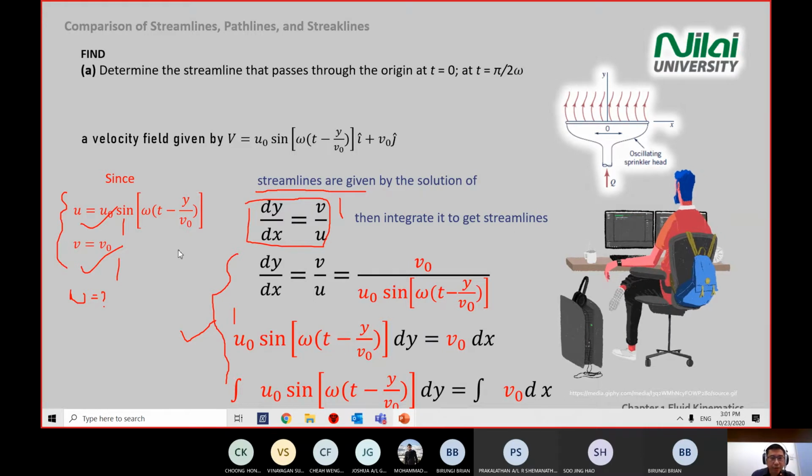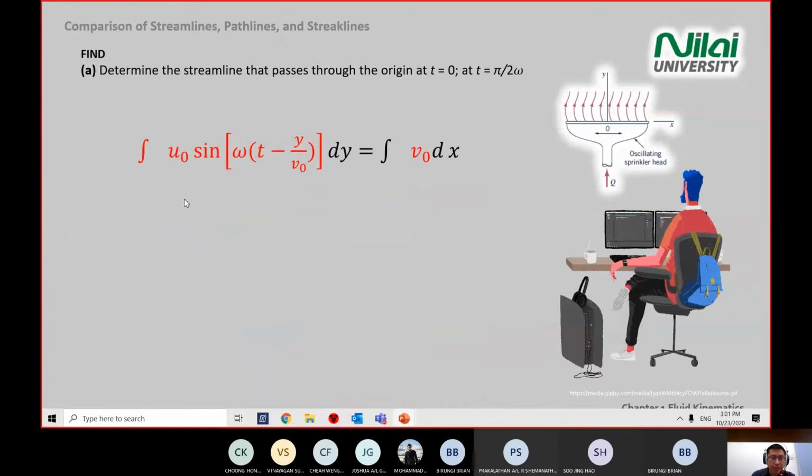Then after that, we substitute the x and y component equations inside here. Then we change the differentiation into an integration relationship. Then after you complete the integration, we have one constant value here. So the constant value here, we need to find. How we find it is that we apply the boundary condition.